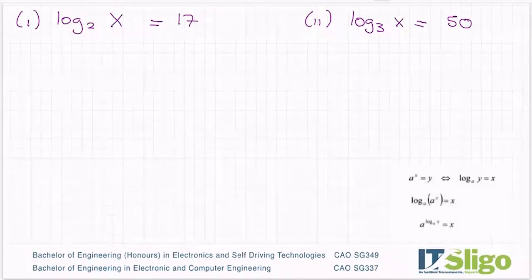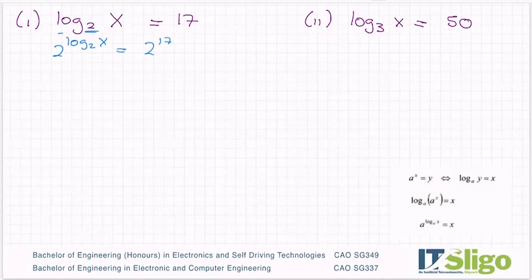Okay, let's have a look at these. You can use the switch, no problem at all. I'm going to use the bottom one just for something different. So it's base 2. If I raise everything up like so, the log 2 and the 2 cancel. So x is equal to 2 to the power of 17.